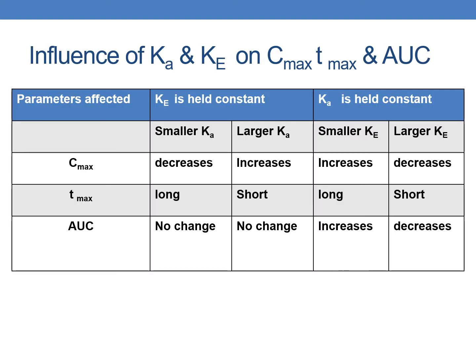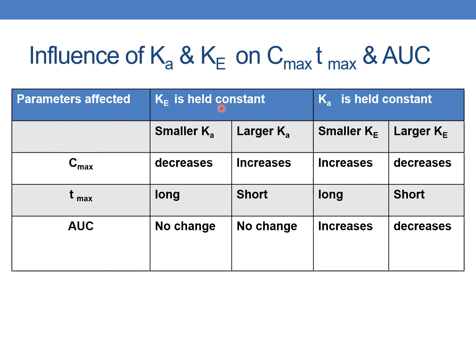Now, one more important concept: the influence of absorption rate constant and elimination rate constant on Cmax, Tmax and AUC. This is an important table from the GPAT point of view. These are the parameters affected: Cmax, Tmax and AUC. There are two cases.